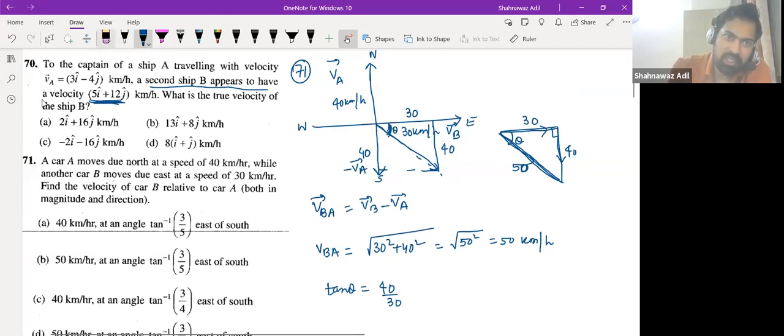Or if I take this theta with the vertical, because this answer is not there, theta is 4 by 3 with south of east. So now let us calculate this.